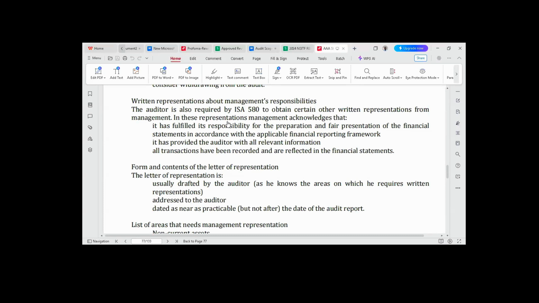Another use of the letter of representation is that there are times when the external auditor wants to confirm or validate the account receivable balances. In the course of doing this, there will be a need to circularize the debtors, the customers. That first letter that goes out to the customers, explaining that they need to furnish the auditor with information about the account balances, is usually sent using the client's letter-headed paper.